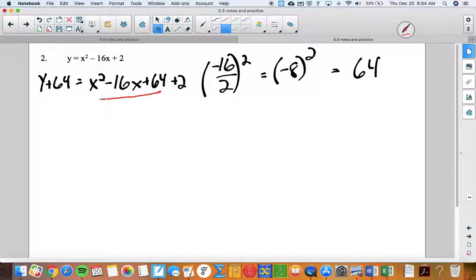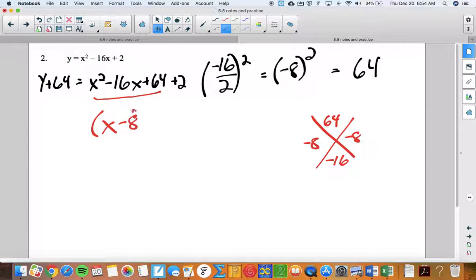So here is my trinomial that I can factor and write it as a perfect square. So I'm looking for numbers that multiply to 64 and add to -16. So it'll be -8 and -8, which means that this trinomial can be factored into x minus 8 squared.